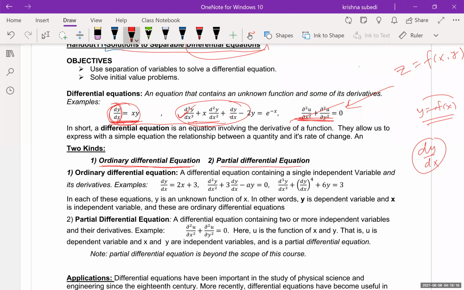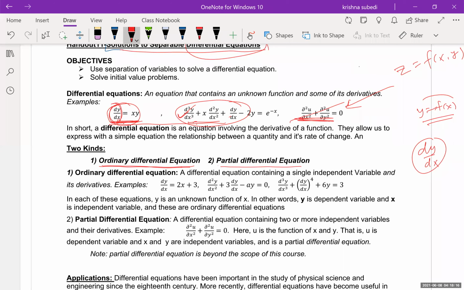Let us look at example 1, part A. So dy over dx is given as 12x to the power 5 plus square root x plus e to the 5x.